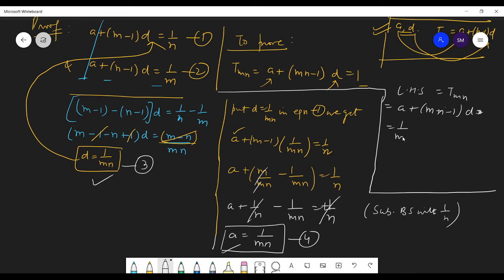So A is 1 upon MN plus MN into 1 upon MN minus 1 upon MN. What is the value of D? 1 upon MN. So 1 upon MN plus MN upon MN minus 1 upon MN. So 1 upon MN minus 1 upon MN is 0, cancels out, and MN upon MN you will get 1. So that is 1, that is RHS. So very important proof we have done, students.